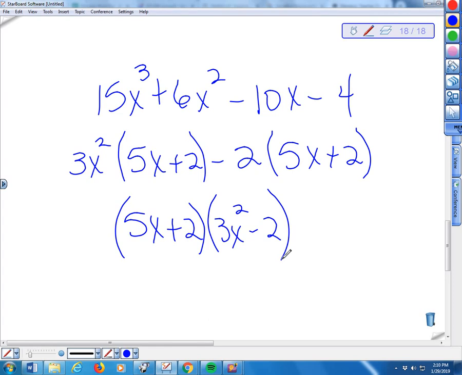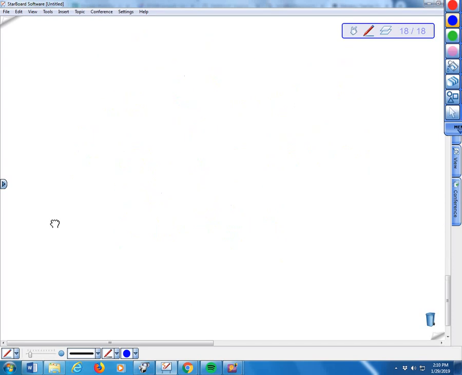Okay. All right. So another type of factoring you may see is something like this. Let me just do 2x to the fourth minus 5x squared minus 12.